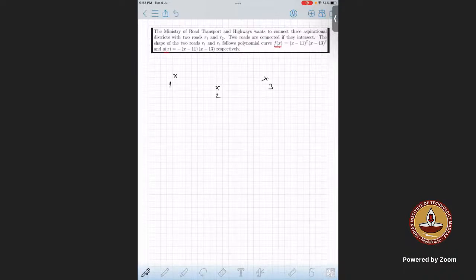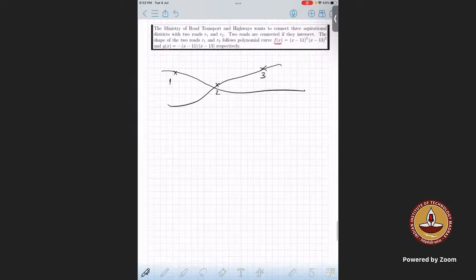This might be the first road, this might be the second road. Okay, R1 and R2. Clear till now?